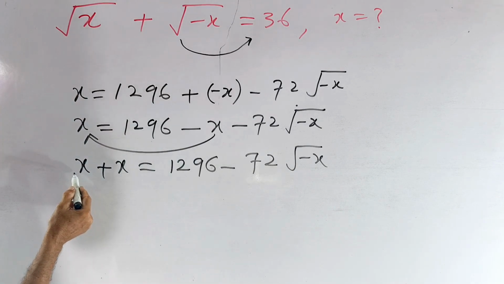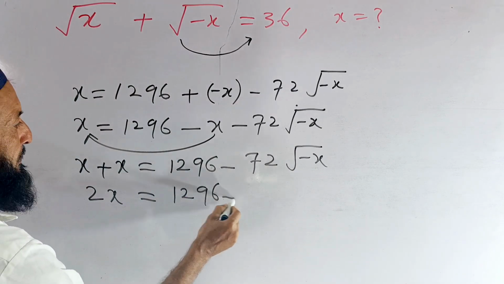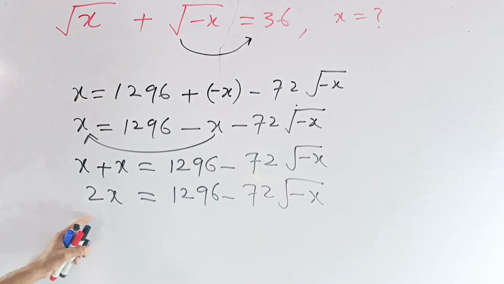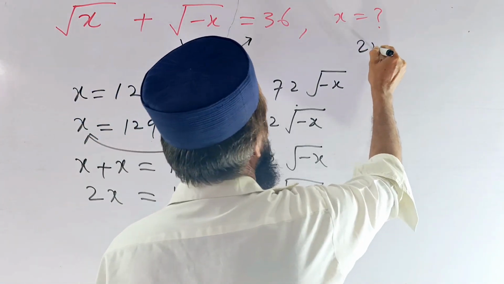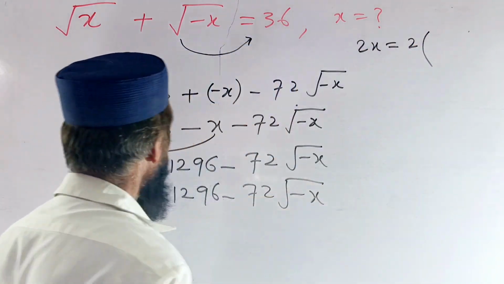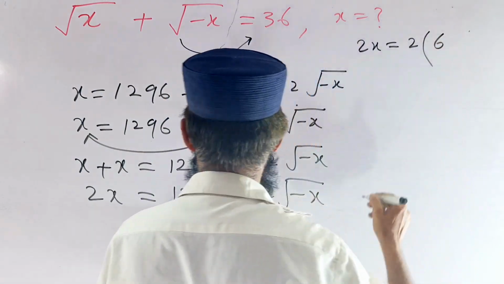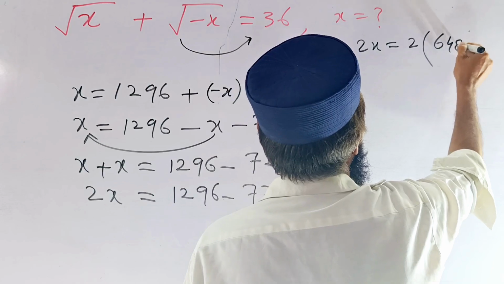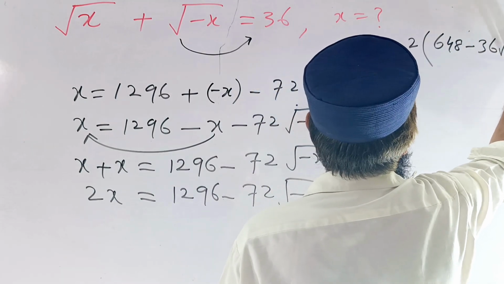If we add their coefficients, we get 2x is equal to 1296 minus 72 under the root of x. Here we take common 2, so we get 2x is equal to 2 times 648 minus 36 under the root of x.